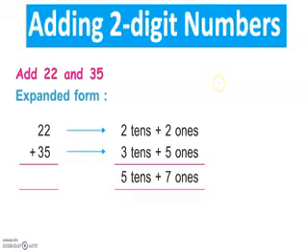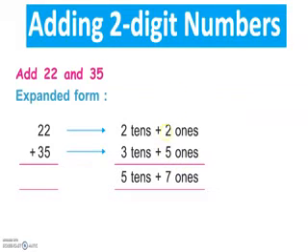Now we'll see how to add two-digit numbers. Add 22 and 35. Let's see how we can do it using expanded form. 22 is 2 tens plus 2 ones. 35 is 3 tens plus 5 ones. So we know that to add two numbers, first we have to add ones place digits.